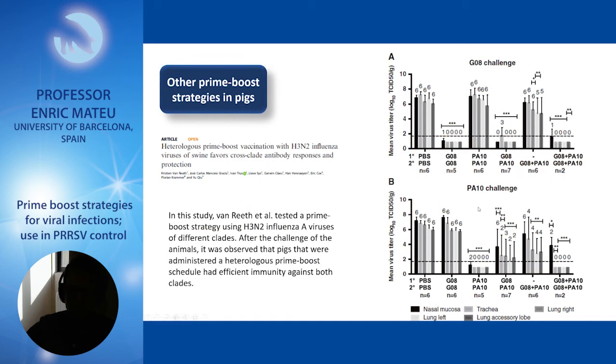However, when they examine the second group, the challenge with PA10, as you can see here again, the homologous booster was very good, almost no infection in these animals. But when they use the heterologous booster, 8 and 10 in this case, against 10, the protection was significant compared to the controls, but was not that good compared to the homologous booster.